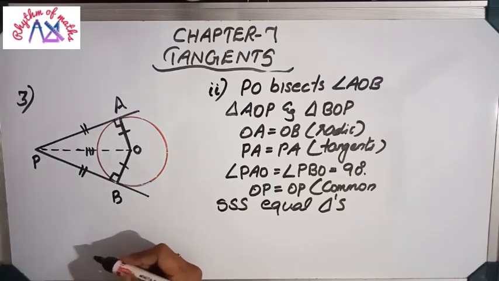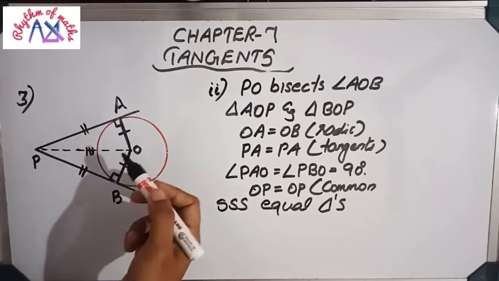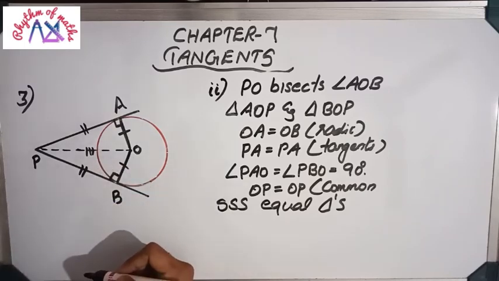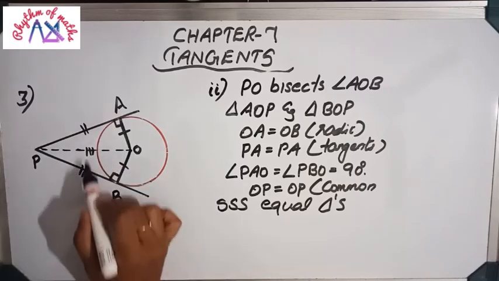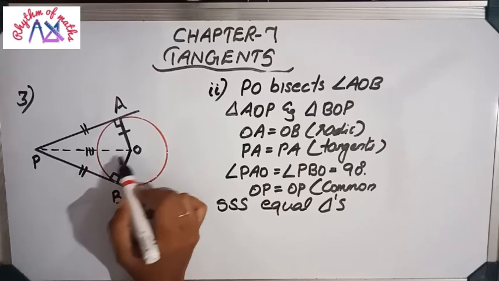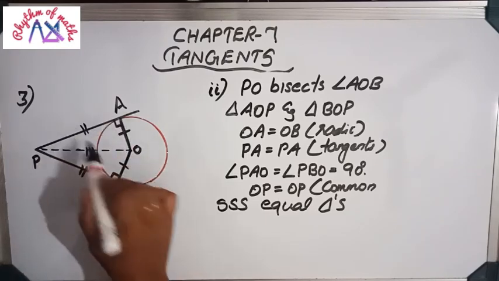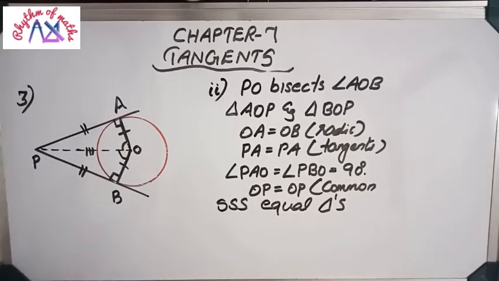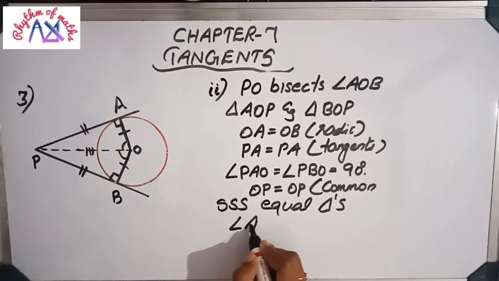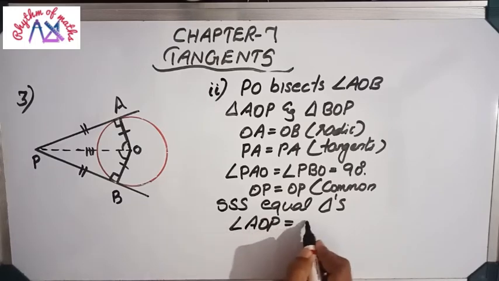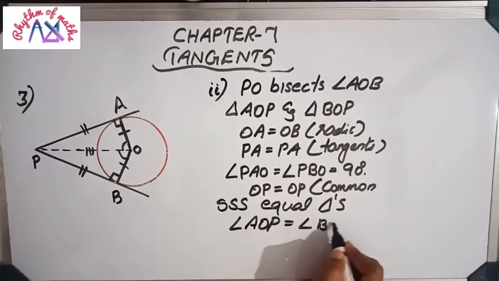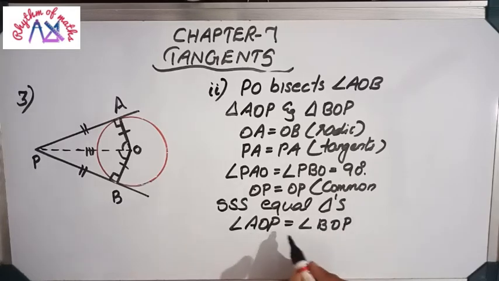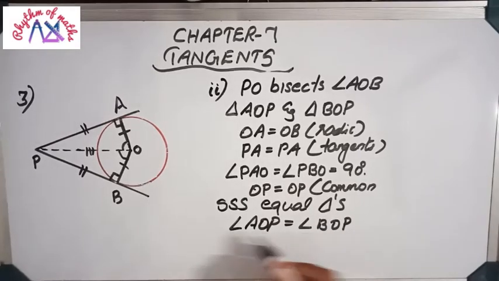For equal triangles, the angles opposite to equal sides will be equal. So here, the angles opposite PB and PA are these two angles, and these two will be equal. That is, angle AOP equals angle BOP.